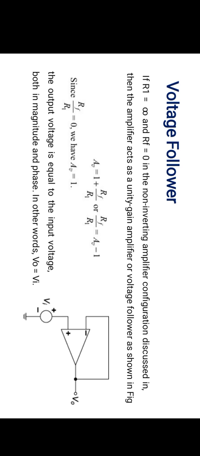AV equal to 1 plus Rf by R1, or Rf by R1 equal to AV minus 1. Since Rf by R1 equal to 0, we have AV equal to 1. The output voltage is equal to the input voltage both in magnitude and phase. In other words, V0 equal to Vi.